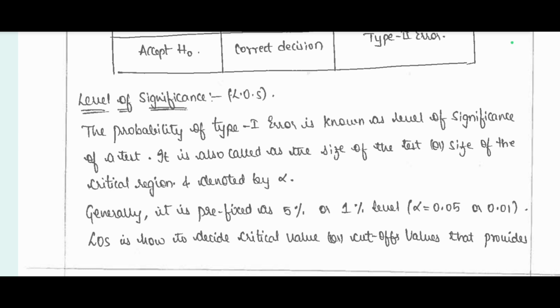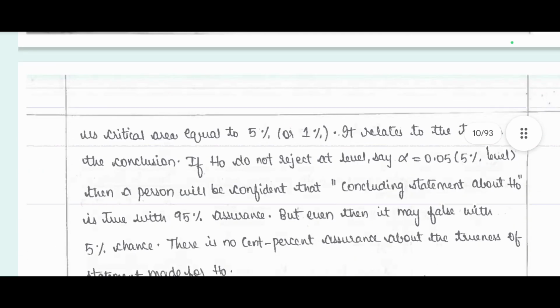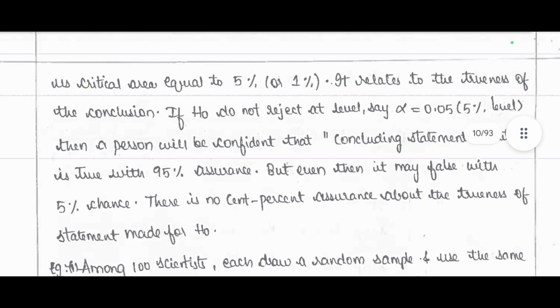Generally it is prefixed as 5% or 1% level of significance, so alpha is equal to 0.05 and 0.01. The level of significance decides the critical value, the cutoff values that provide the critical area equal to 5% or 1%.